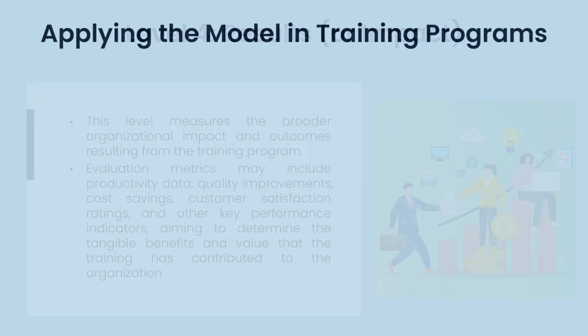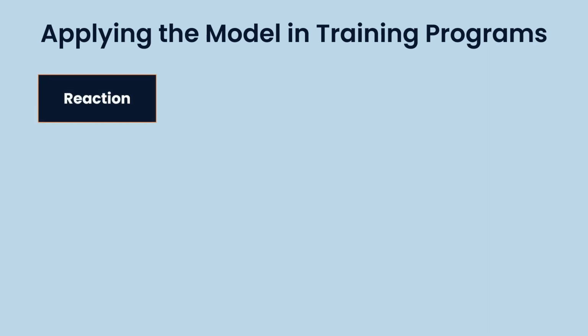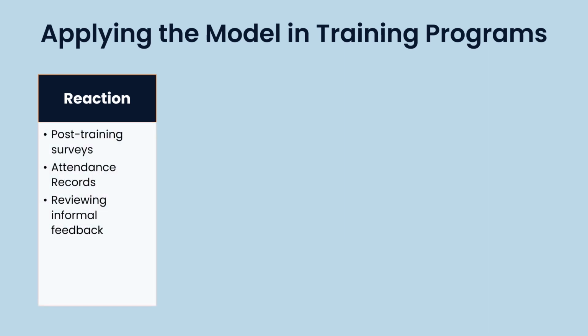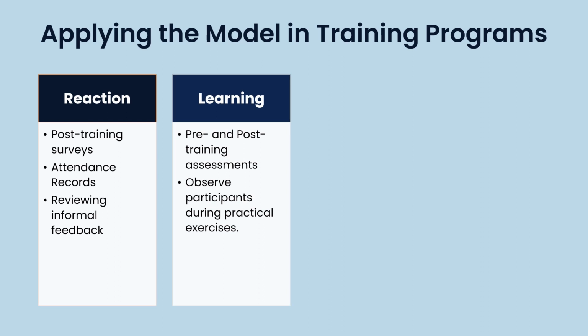Let's try to apply this model in our training programs by designing assessment and evaluation strategies for every stage. These include: at reaction stage, you can conduct post-training surveys, attendance records, reviewing informal feedback. Then, to understand their learning level, you can conduct pre- and post-training assessments.